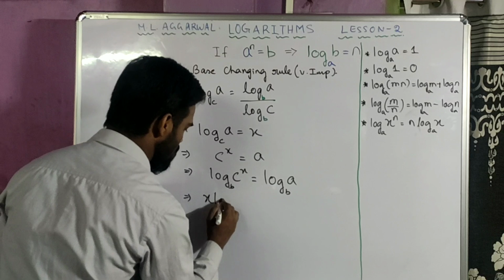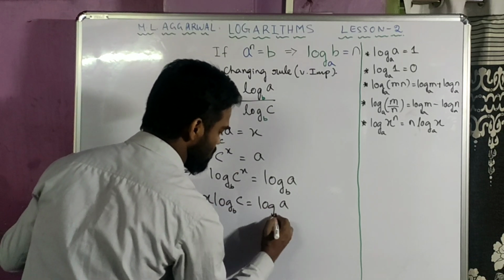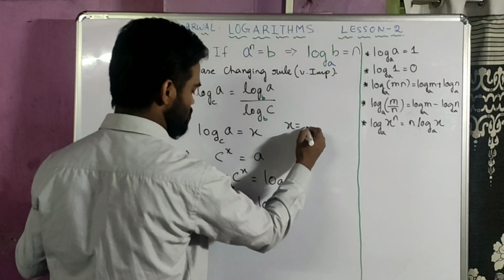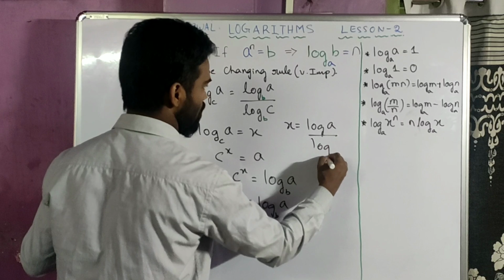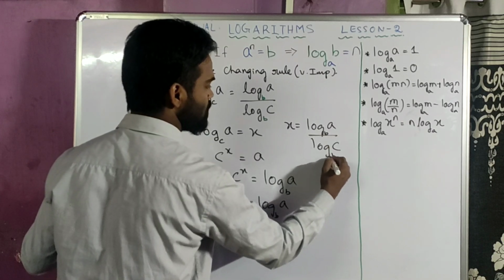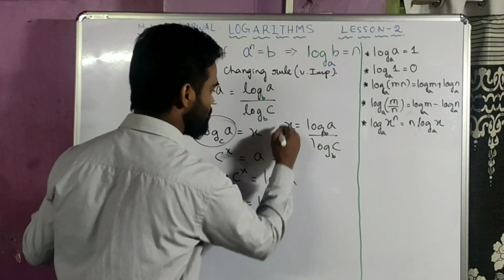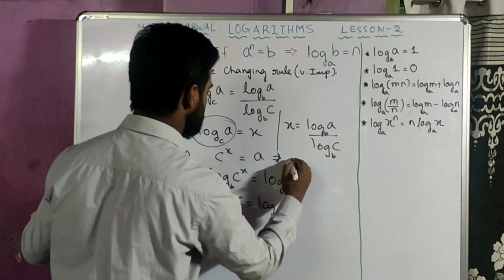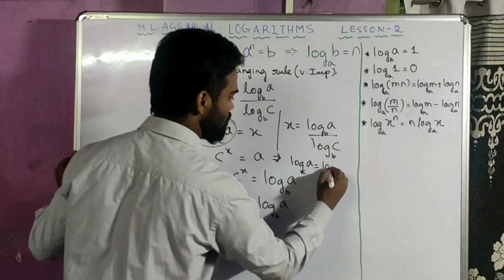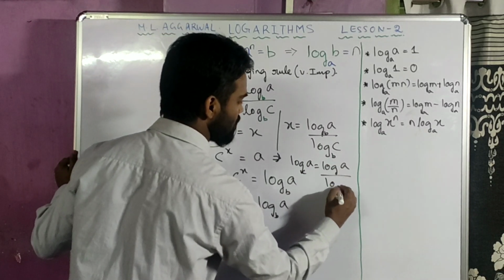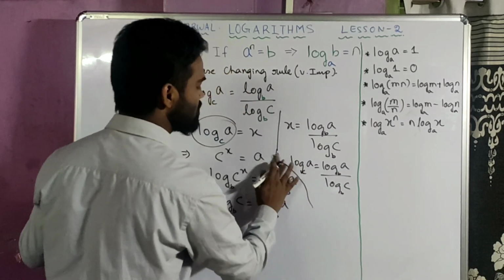So x log c base b is equal to log a base b, which means x equals log a by log c with the same base b. Okay, and x is what? X is this, which means we can say log a base c is equal to log a by log c with a different base, isn't it?